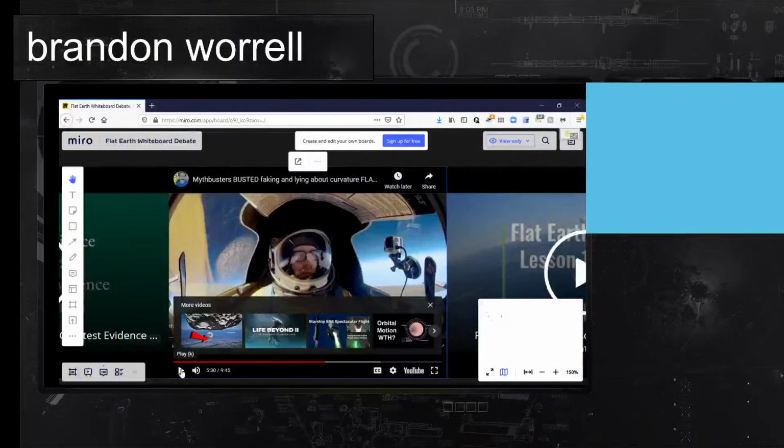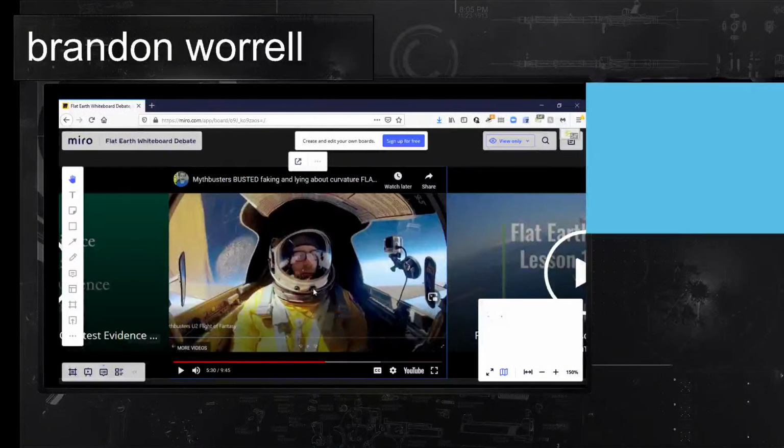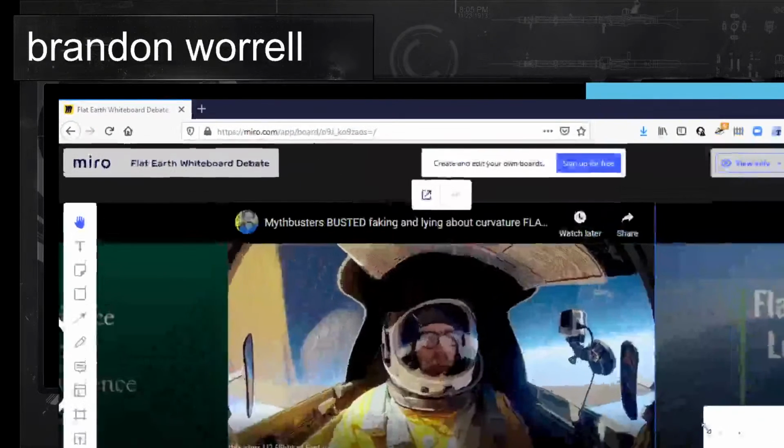I wish I could click off of this and zoom in with OBS without messing it up. Is he level or is he slightly tilted? It looks like he's slightly tilted. Oh wow, I can. Hold on. Let's see what I can do with this.